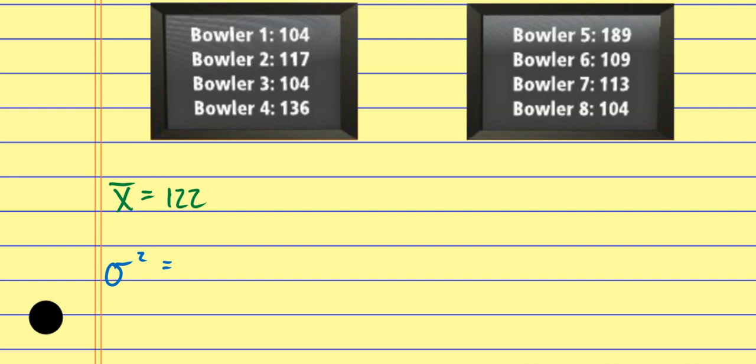When I do this, I just take the first data value minus the mean and square it. So I do 104 minus the 122, and I square it. And then I do the same thing with the next data value. So plus the next data value, 117 minus the mean, and square it. Plus the next data value minus the mean, and square it. Plus the next data value minus the mean, and square it.